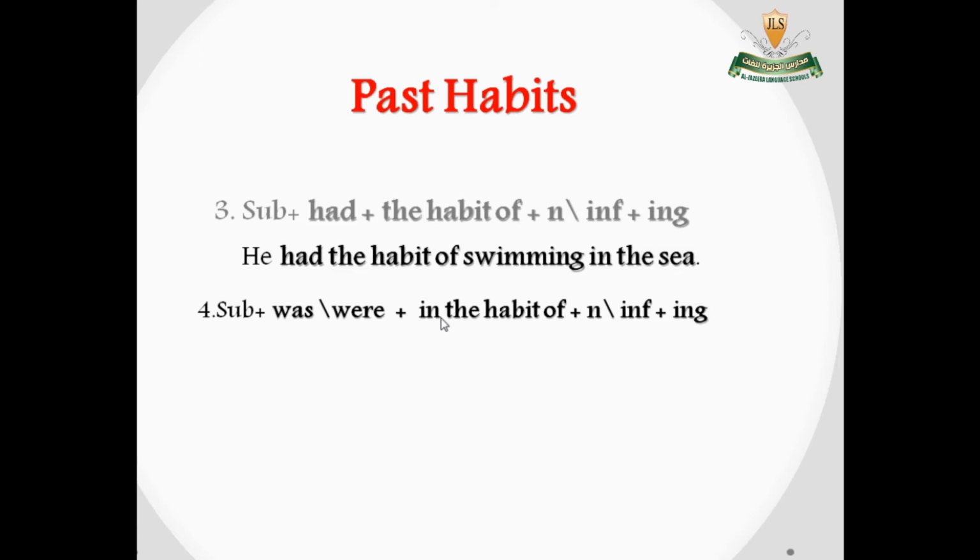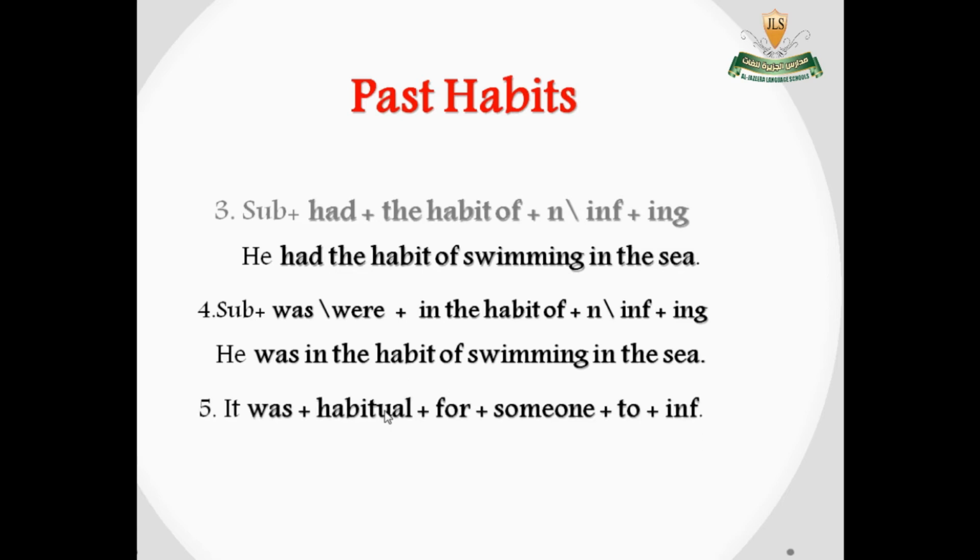The fourth way is was or were plus in the habit of. He was in the habit of swimming in the sea. She was in the habit of swimming in the sea. They were in the habit of swimming in the sea. And the fifth one, it was habitual for someone to infinitive. It was habitual for someone to swim in the sea.